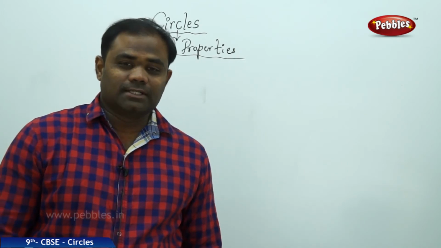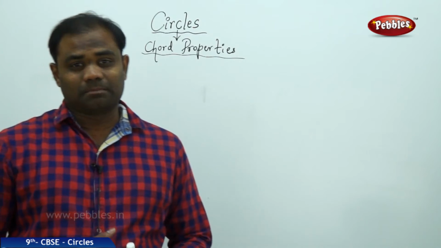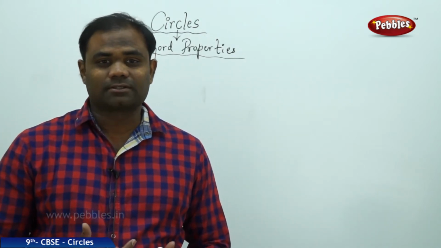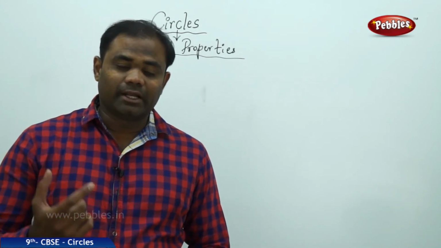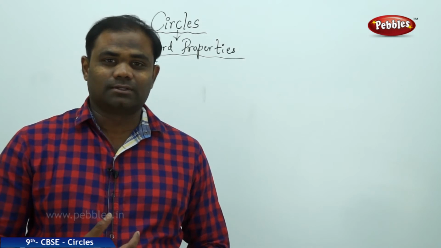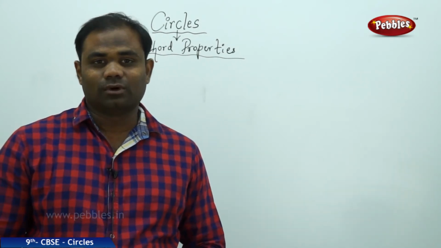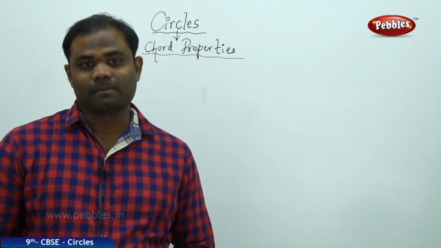Now that we have discussed the chord properties connecting angle subtended by the chord at its center or at its circumference of the circle given, now let's see some additional properties connecting the chords. This session is about the property number 2 of the chord properties connected with the circle.